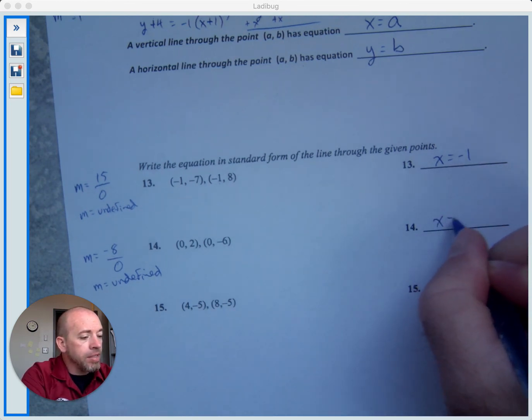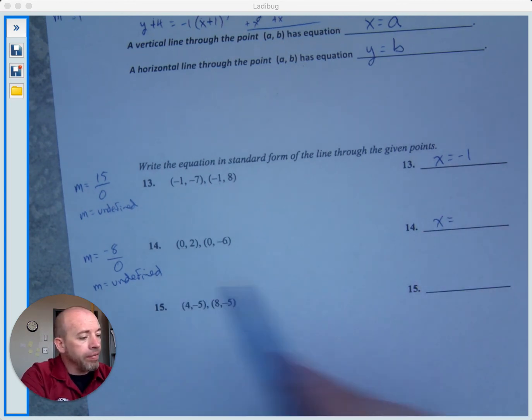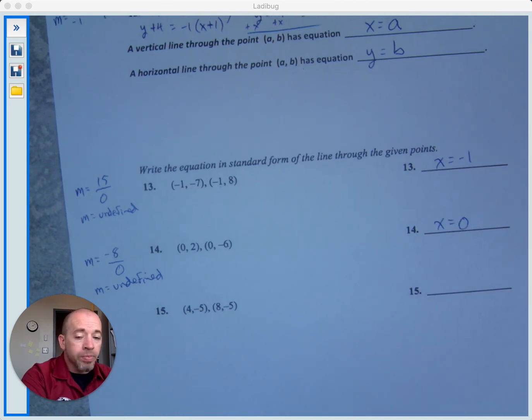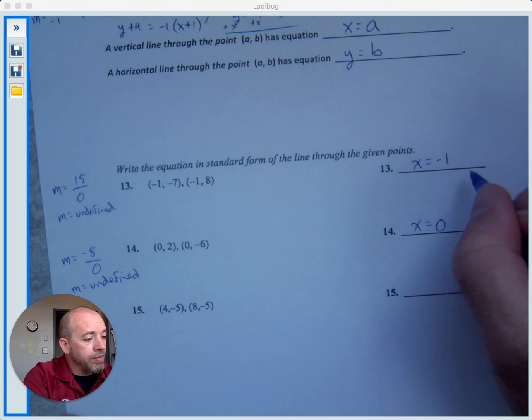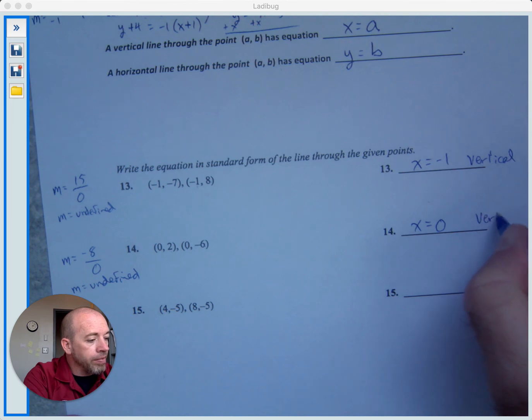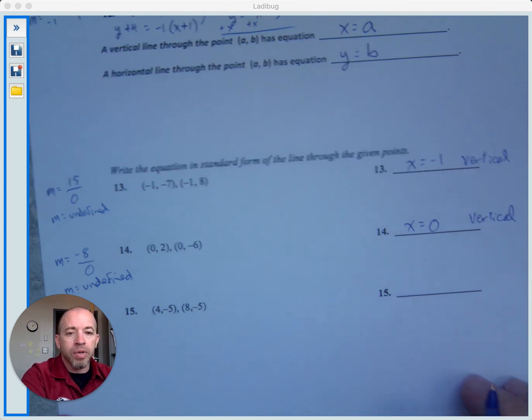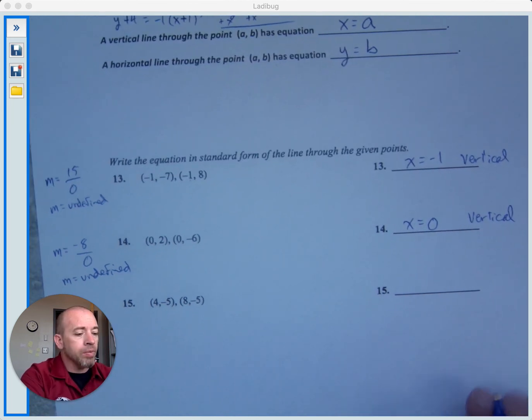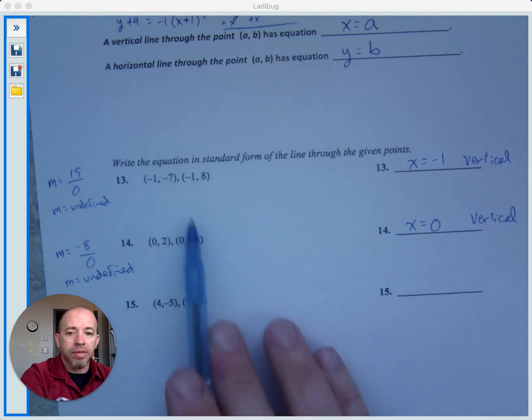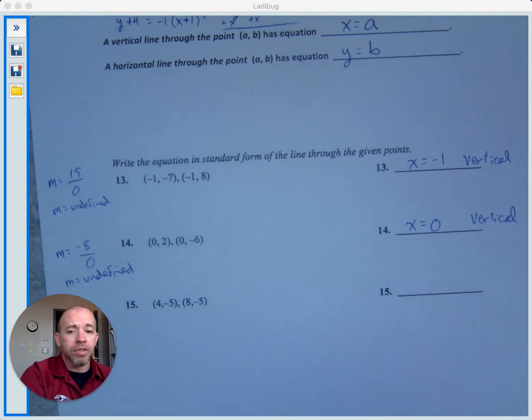We have x equals the x-coordinate. x equals 0. So those are both vertical lines. This is vertical, and this one is also vertical. If you wanted to verify that they were vertical, you could plot these points, and you could see clearly it's a vertical line.